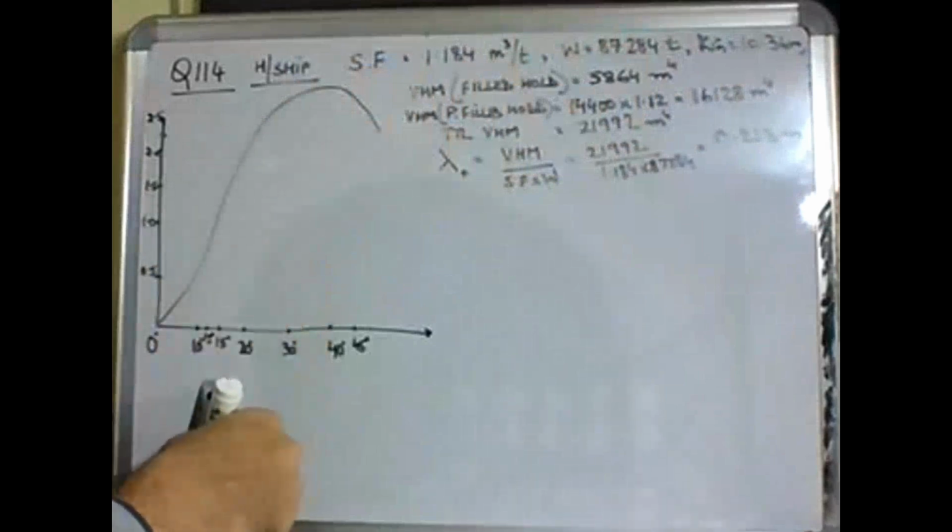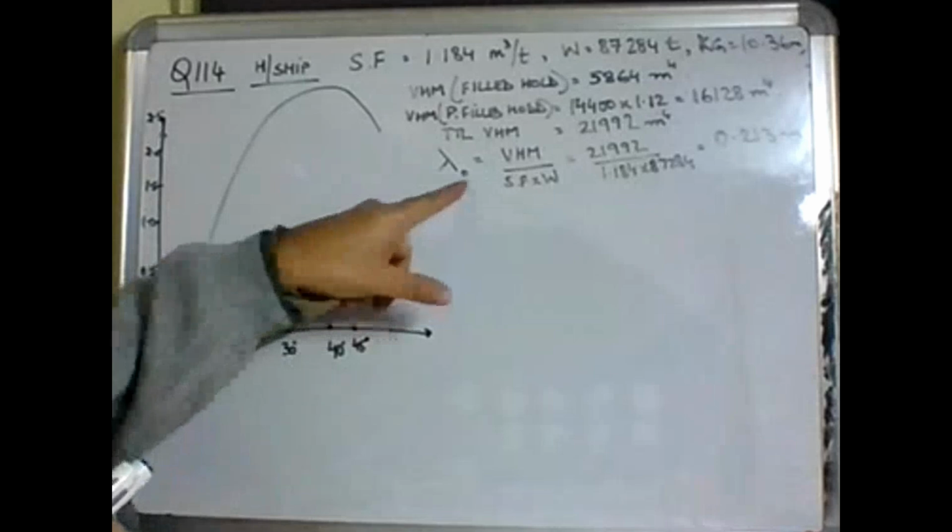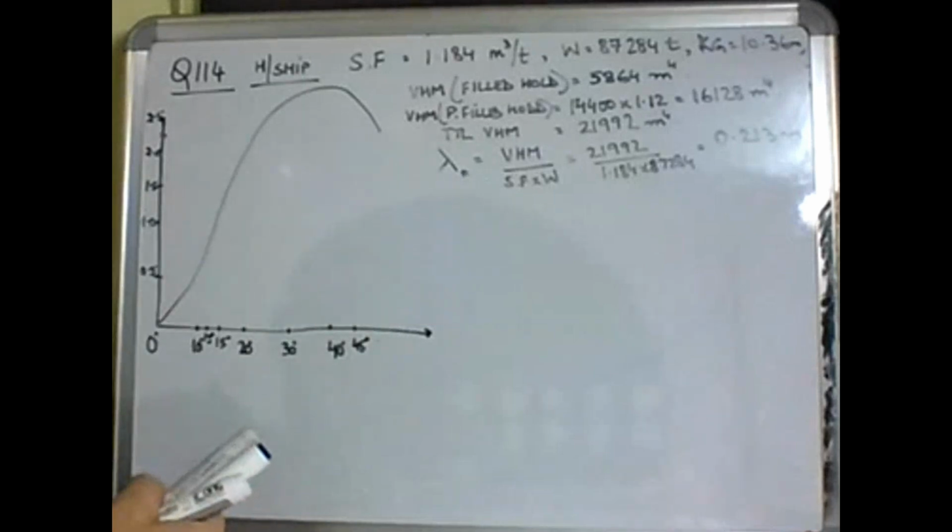This is the value of lambda zero. That means at 0 degrees, the value of the healing lever.